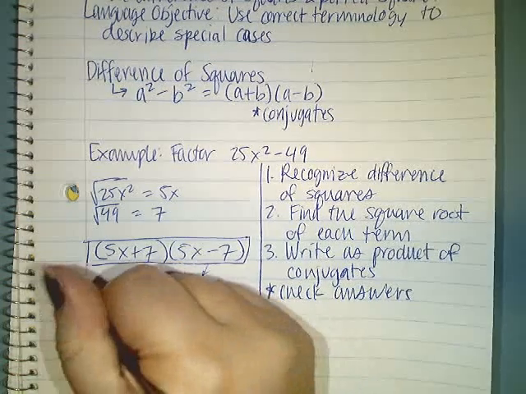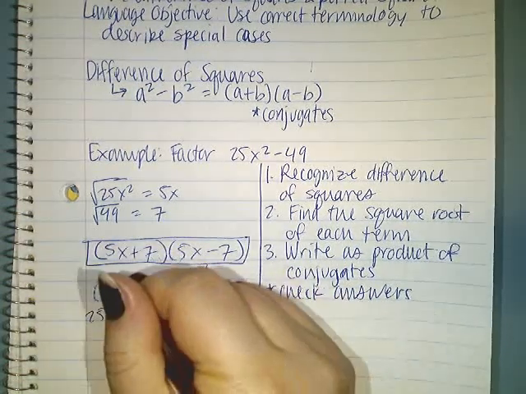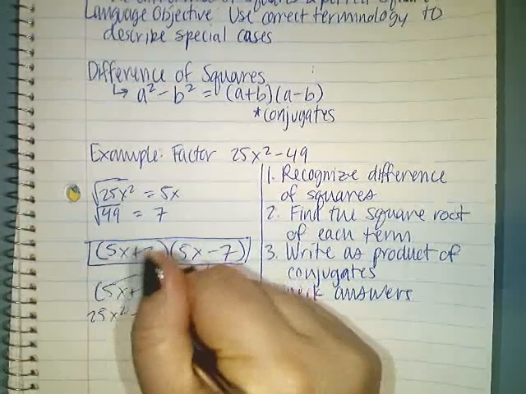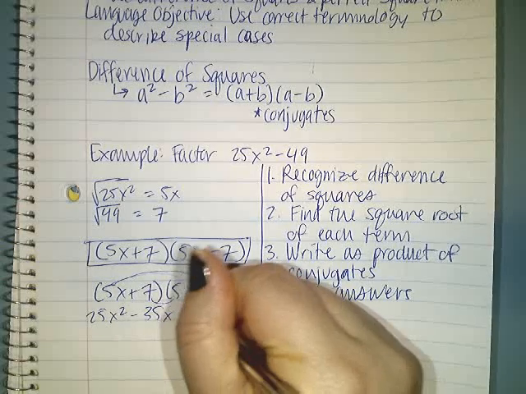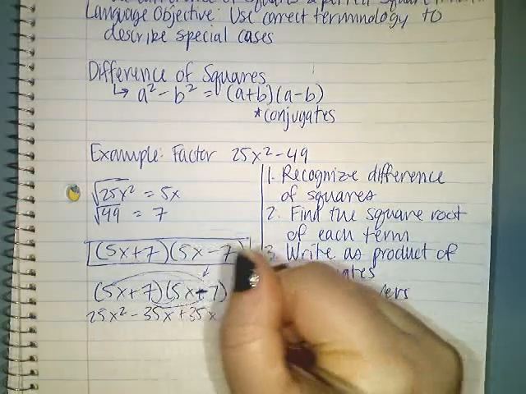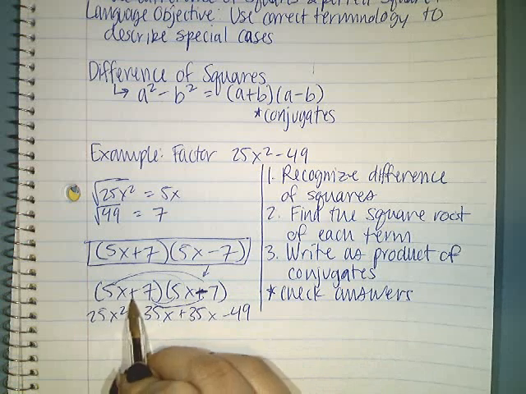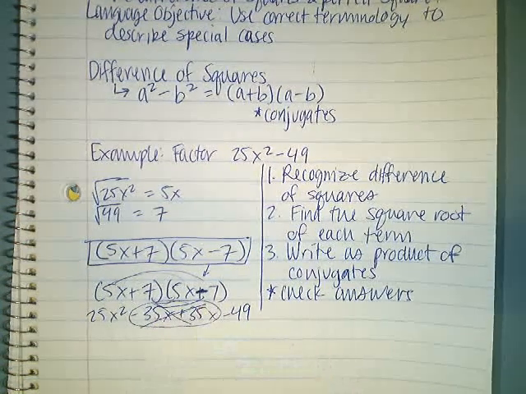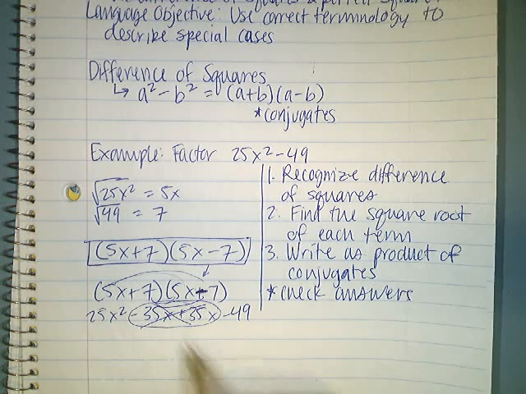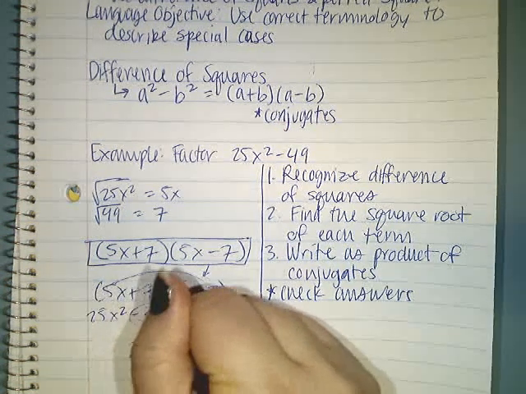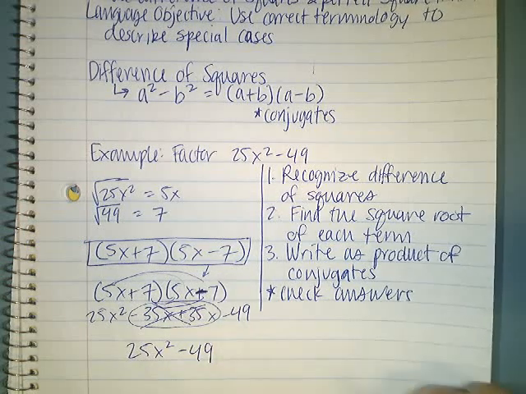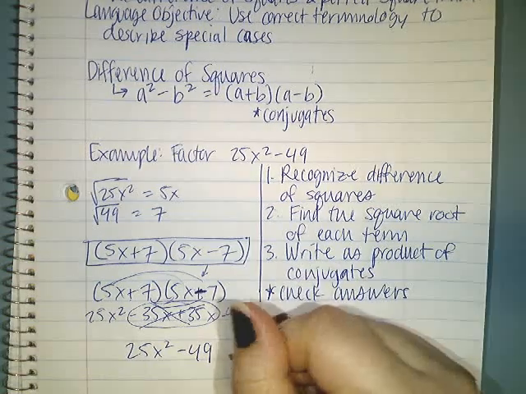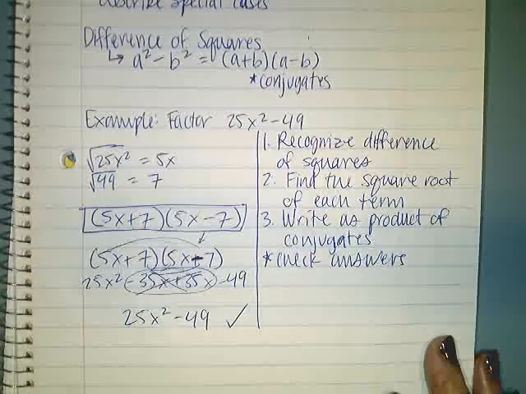First, I get 25x squared, outer minus 35x, inner plus 35x, and last minus 49. Because I have plus and minus, these middle terms cancel out. So negative 35x and positive 35x undo each other. So you end up with just 25x squared minus 49, which is why the difference of squares will always factor this way, and it always will work out just fine.